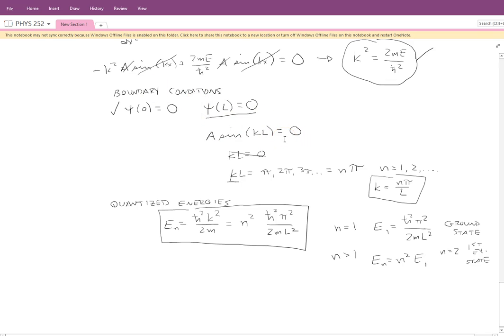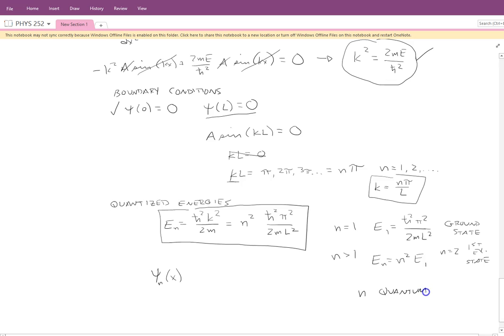Pretty cool. Now, in addition to knowing the energies, we also can solve and figure out what these actual eigenfunctions look like, right? Because remember, the functional form, and I'm going to put a little subscript n to emphasize that there are certain eigenfunctions for the different integer n's. Oh, and by the way, this integer n we would call the quantum number.